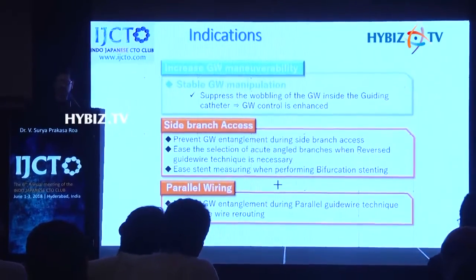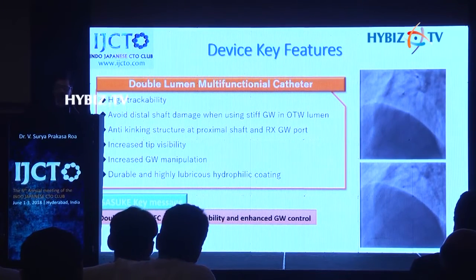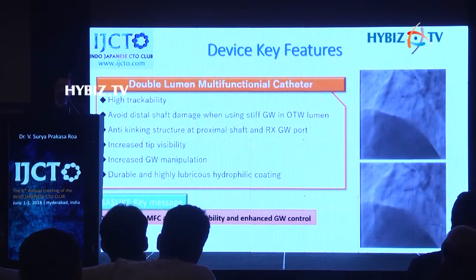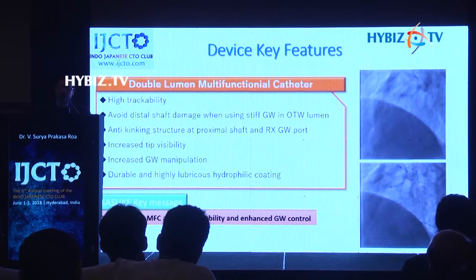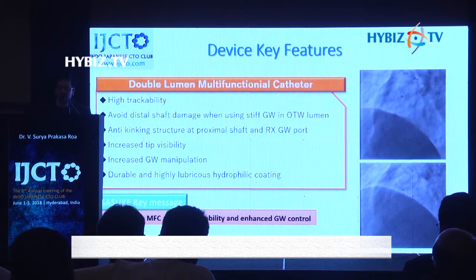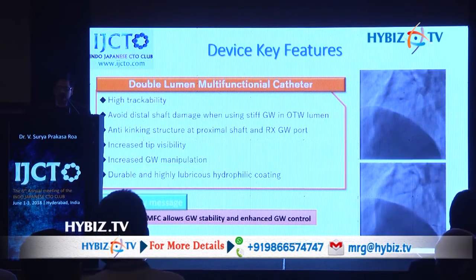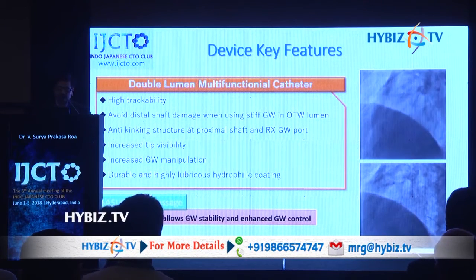It has high trackability, that's the advantage, and an anti-kinking structure in the proximal shaft. It increases tip visibility and guide wire manipulation, and it has a highly lubricious hydrophilic coating.